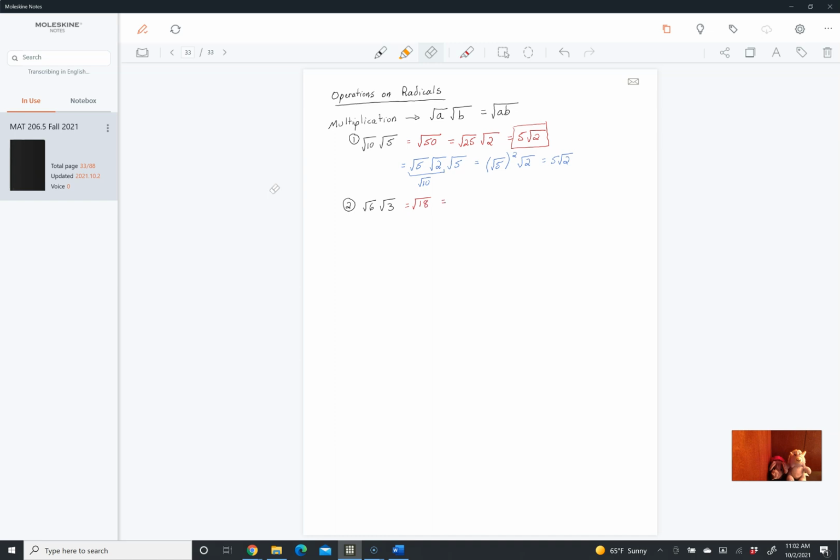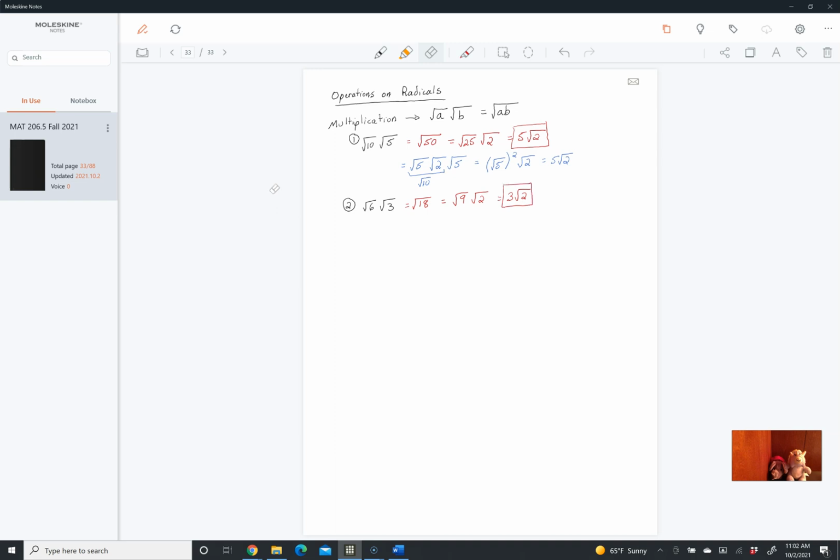But again, you want to make sure that it's in simplified form. So simplified form meaning you don't have any factors that are a perfect square. Here we do. This could be broken down into square root of 9 times square root of 2. And then the square root of 9 is 3. So this is 3 root 2.